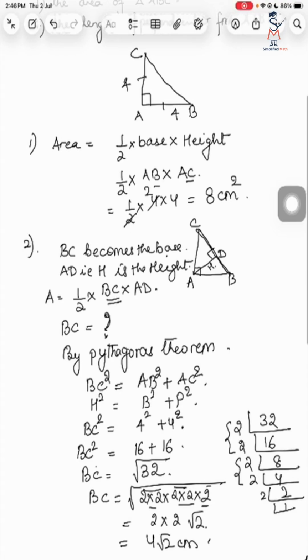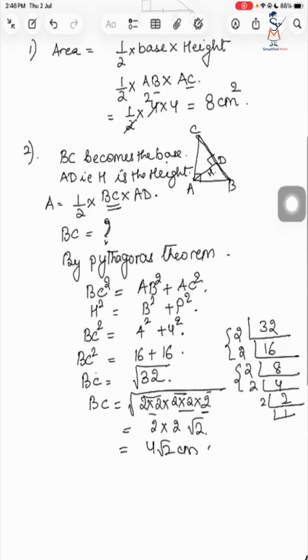Now we know that the area which we found previously will be the same if we find the area taking BC as the base. The area of the triangle will not change because it's the same triangle. So area is half BC into AD, when we take BC as the base and AD as the height.